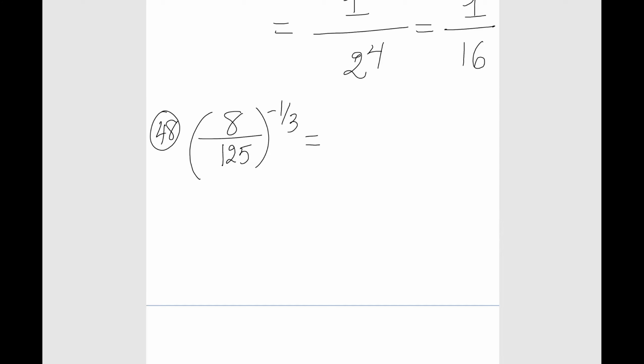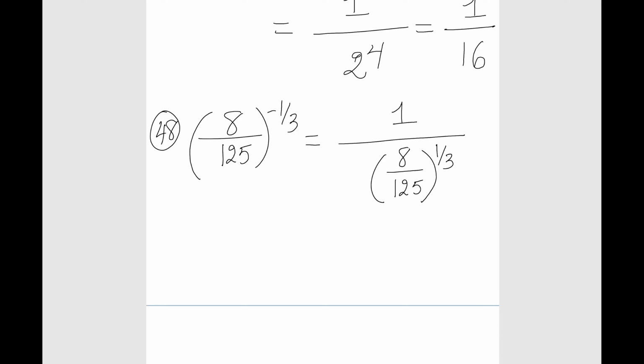Again, minus in the exponent means the reciprocal of a to the power m over n. So that's going to be the same as 1 divided by 8 over 125 to the power 1/3. Right?